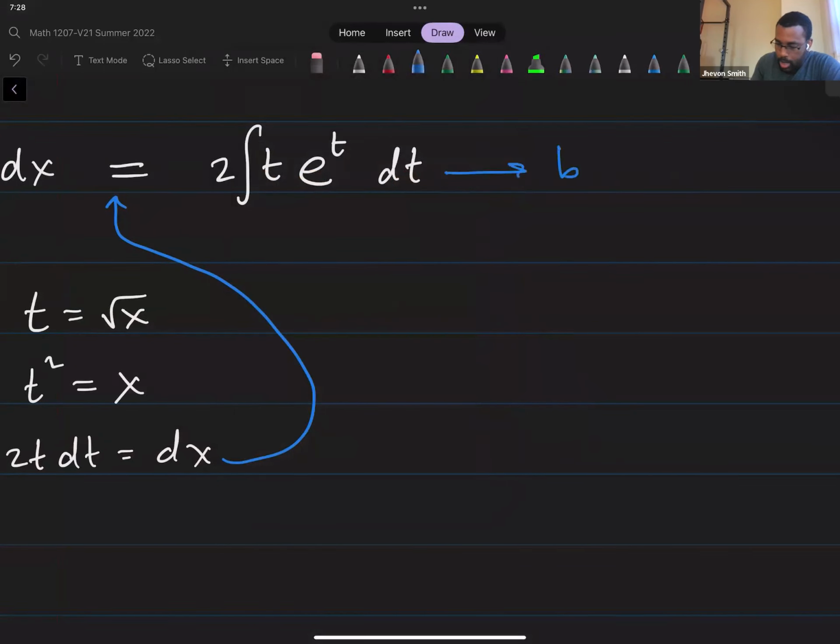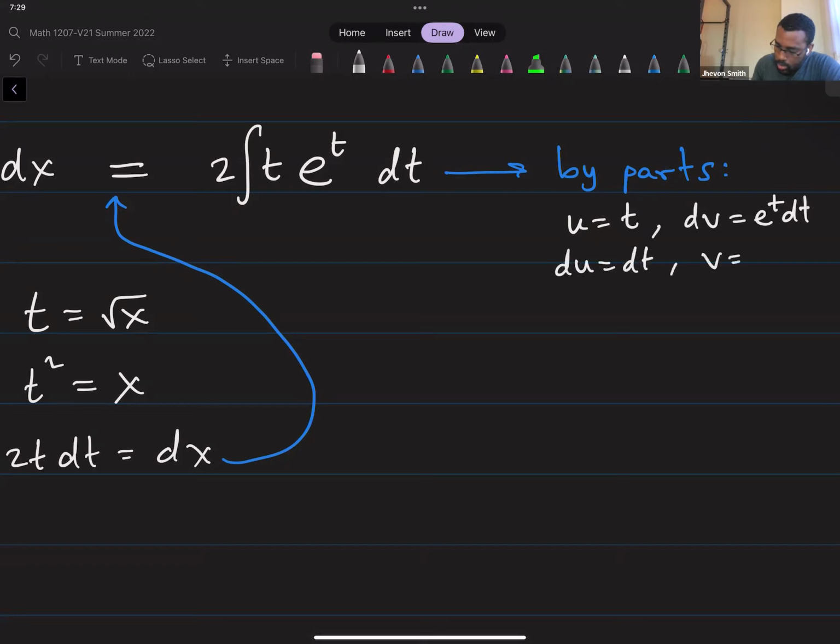So here is where I'm going to think by parts, because I have the polynomial times the exponential. So u equals t, my dv equals e to the t dt, du equals dt, v equals e to the t.